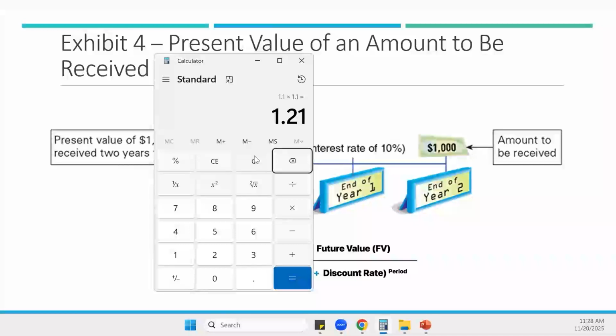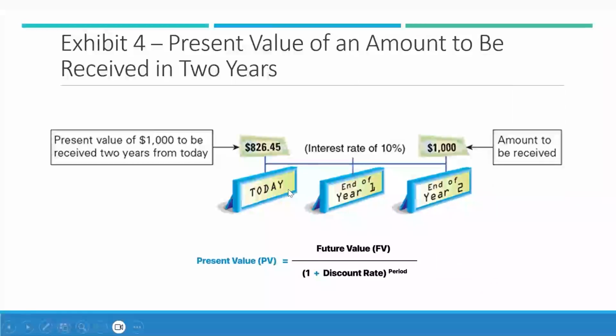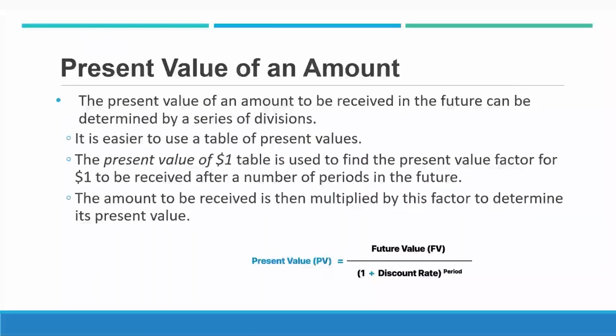If we take $1,000 divided by 1.21, we get $826 as the value today of a future value in 2 years of $1,000. That's how we calculate the present value of $1,000 that's going to be received in 2 years.